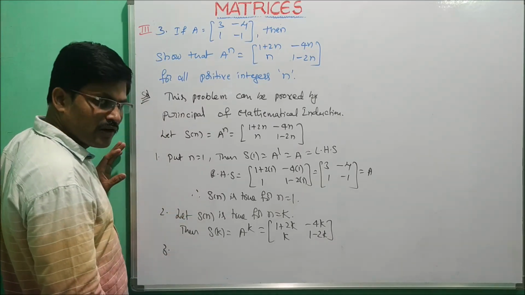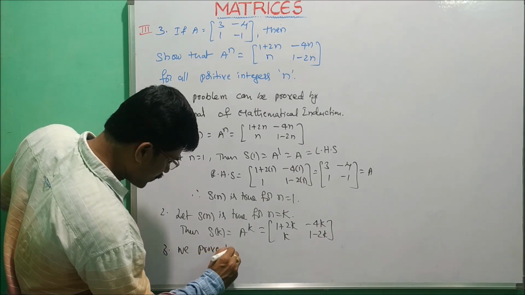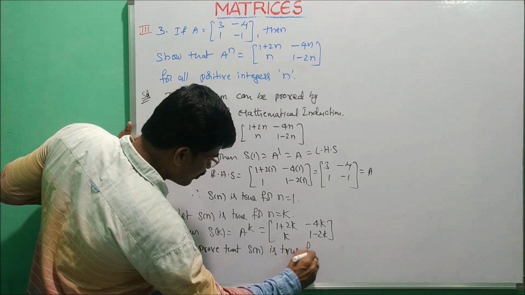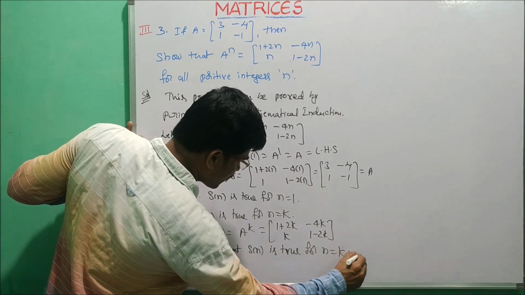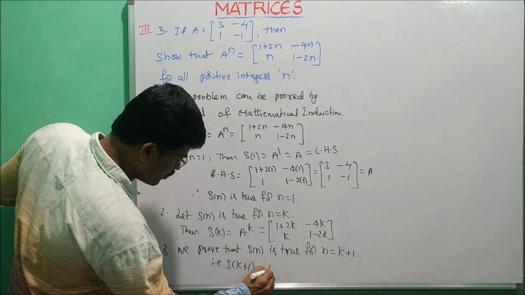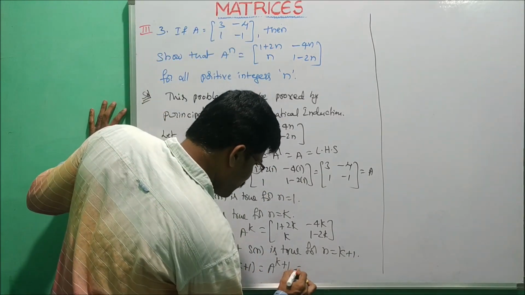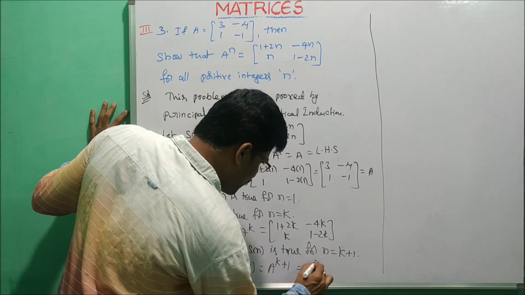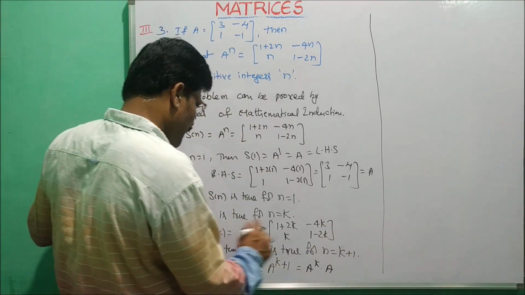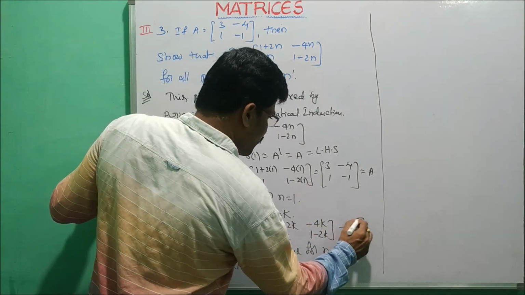Now the third point is, we prove that S of n is true for n equals k plus 1. That is, S of k plus 1 equals A power k plus 1. Now A power k plus 1 can be written as A power k into A. Now substitute A power k, already found in point 2. That is equation 1.